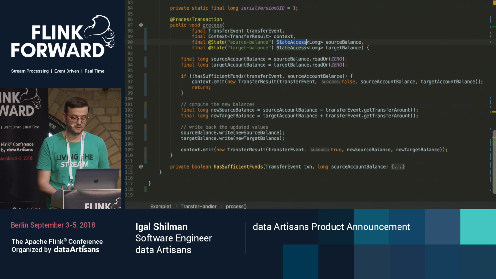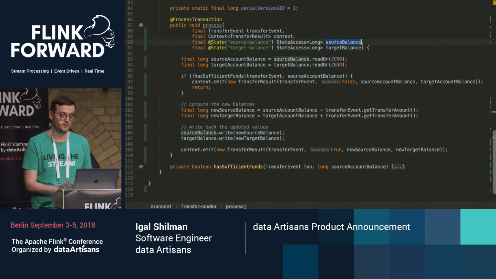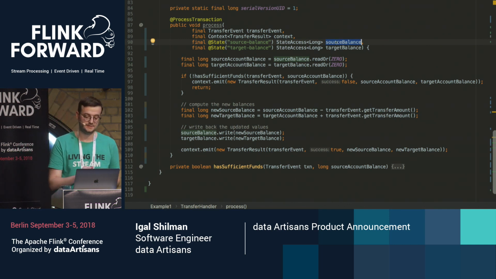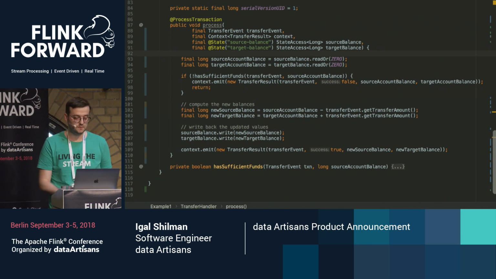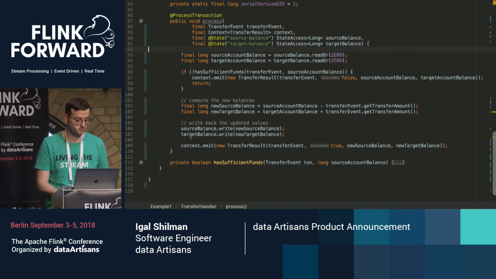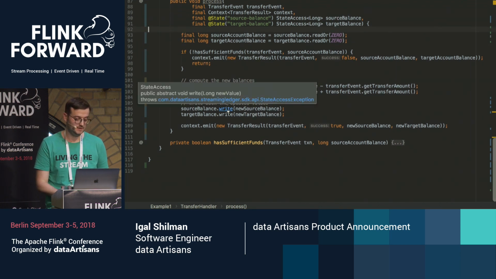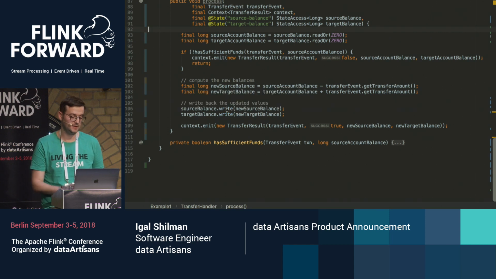You can see that they are wrapped within something called StateAccess, and it actually represents the rows of the source balance and the target balance. The things that you can do with a state access: you can read from it, you will get back the current source account balance and the target account balance, and you can also write the updated account balances.